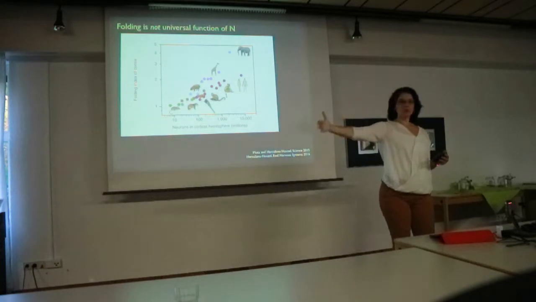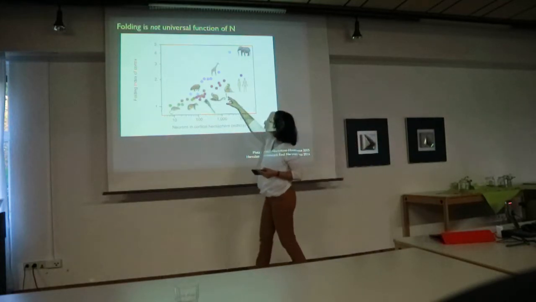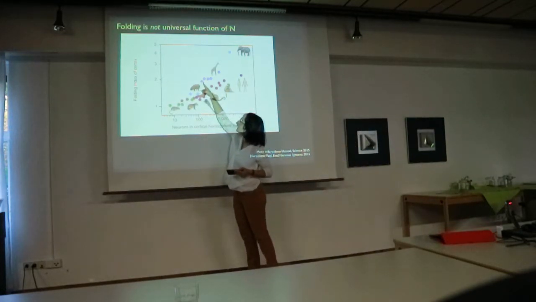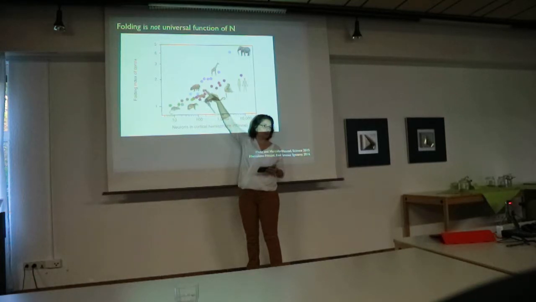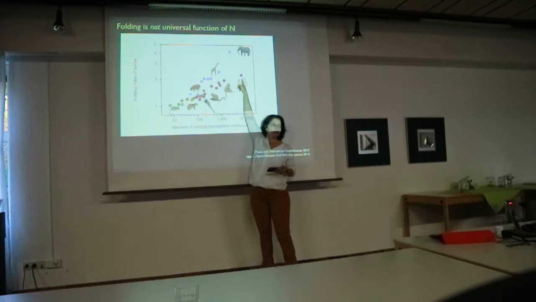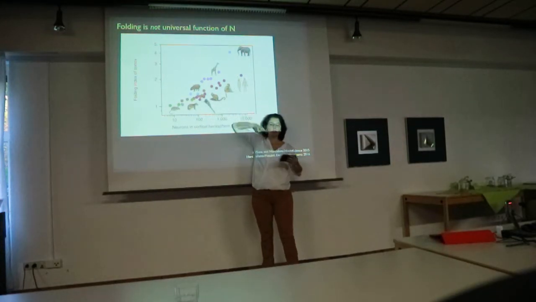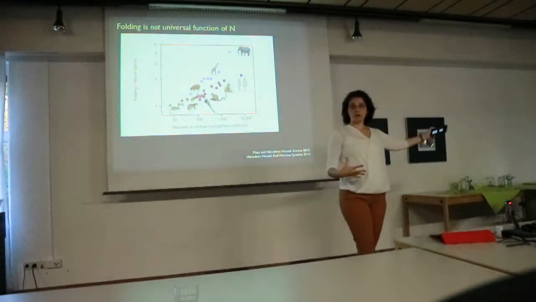But is it universal across everybody? Essentially what you have here is that a pig cortex is exactly as folded as a baboon cortex, and yet the baboon has 10 times as many neurons in the cortex as the pig has. And also, we have 3 times as many neurons in the cortex as the African elephant does, despite the fact that the African elephant brain is much larger than ours.